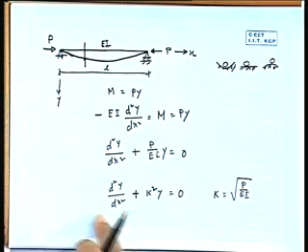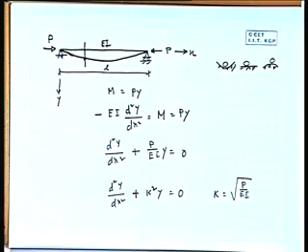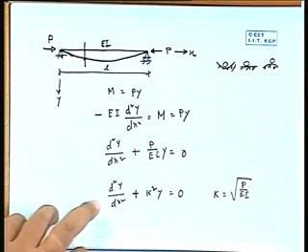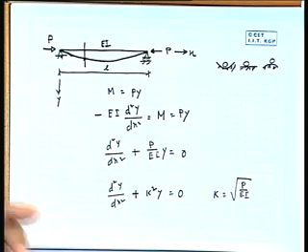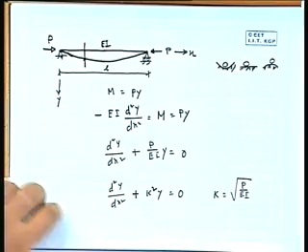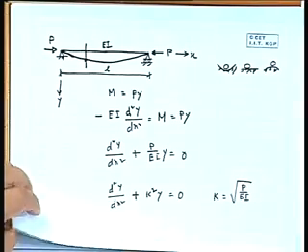Now this is a very standard form of differential equation: d2y by dx square plus k square y equal to 0. We have to solve this equation, and from the solution we will try to get some idea about the critical value of the load. What will be the solution of that equation?